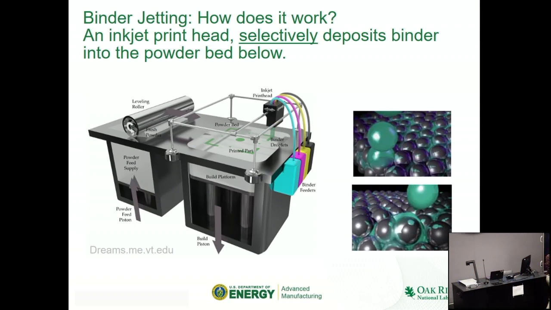What you see in this photo is a schematic of how binder jetting works. You have two sides in a printer: a feed side and a build platform. The build platform is where you're building your components. Let's say we were building a screw, a nail, a wing for an airplane, whatever, it will be built on this side.